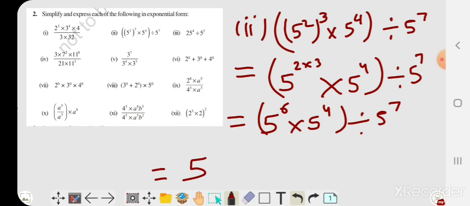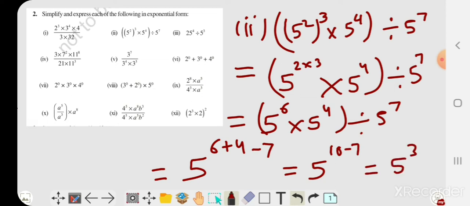That's 5 we will write only once. Then 6 and 4 will be added because there is multiplication between these two. So that will be 6 plus 4. After division, that will be subtracted because there is the division symbol. 5 raised to power 6 plus 4 is equal to 10. 10 minus 7 means the answer is 5 cube.